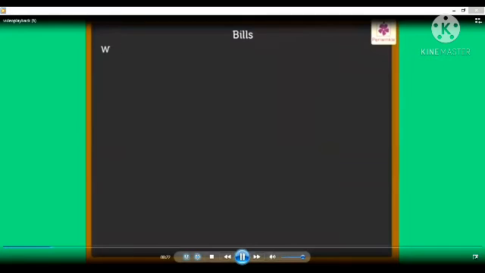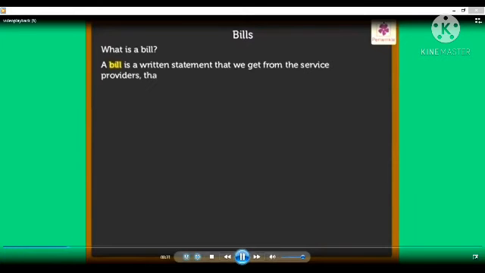Kids, today let us learn about bills and see how to prepare them. What is a bill? A bill is a written statement that we get from the service providers that tells us the amount we paid for various services or purchases we made.